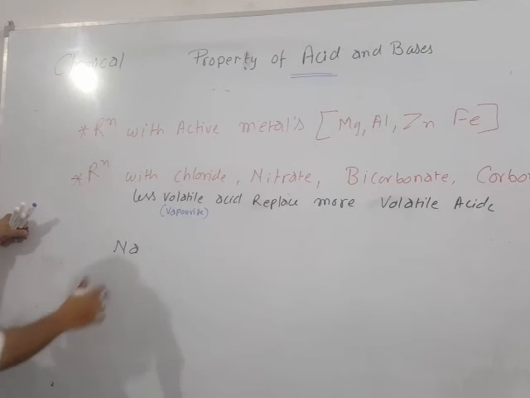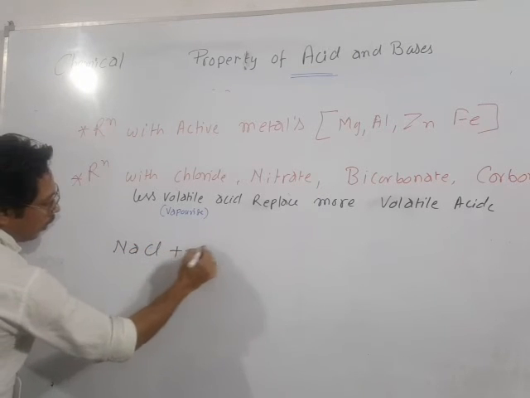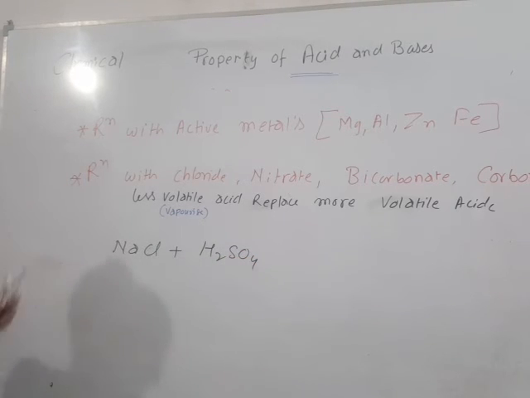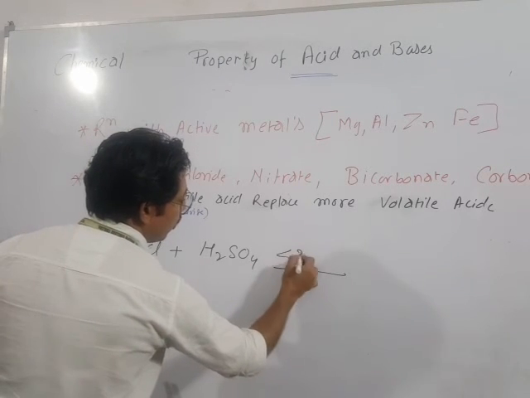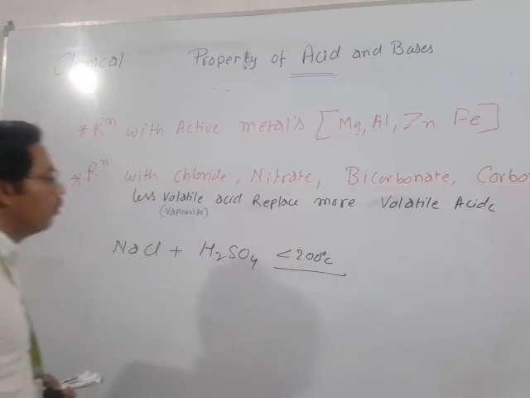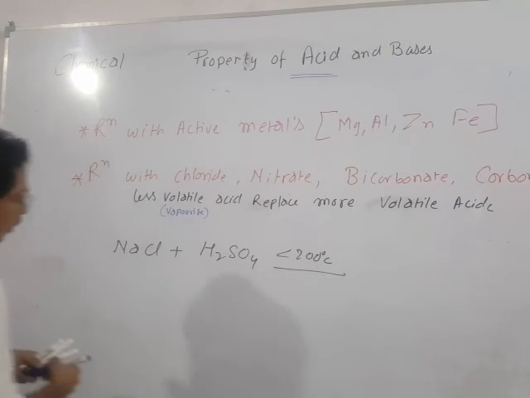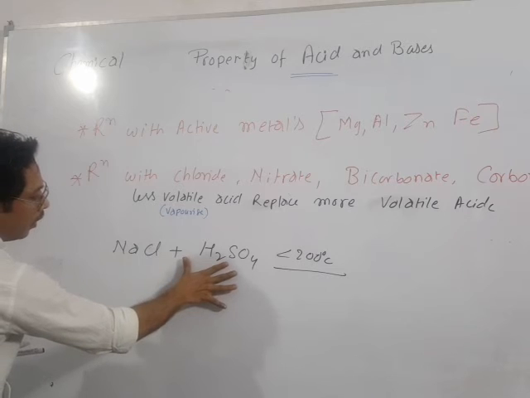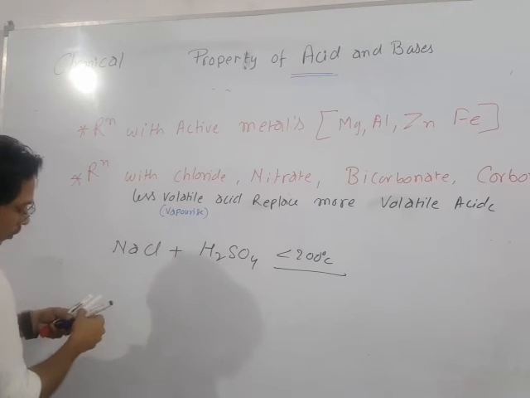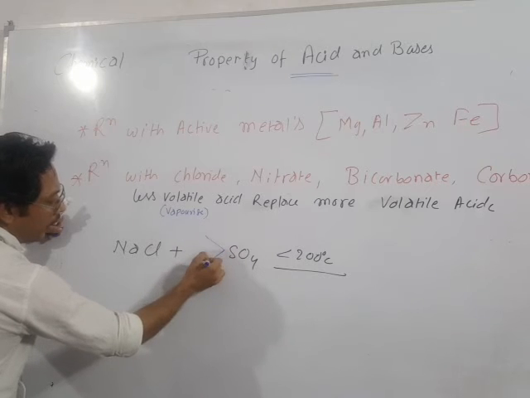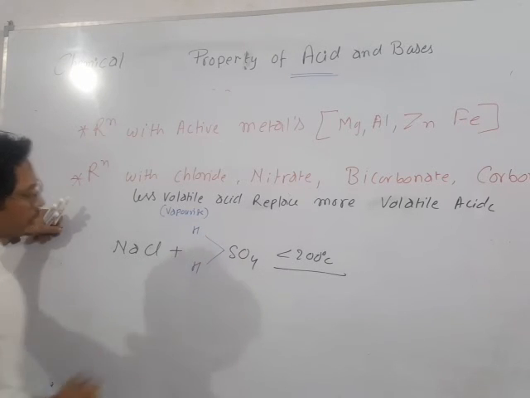So look here, NaCl plus H2SO4. What is formed? Now tell me that. Below 200 degrees, what is formed? Very good. Now I am writing another form of the H2SO4 like this one.